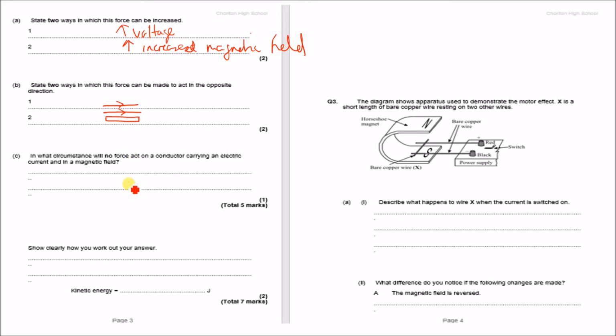So remember, when we've got a field like so, the conductor has to be perpendicular to the field. So the current goes this way and the field is going this way. If the current is going parallel to the magnetic field, so this is our current in a wire and this is our magnetic field, there will be no motion, there will be no force created.